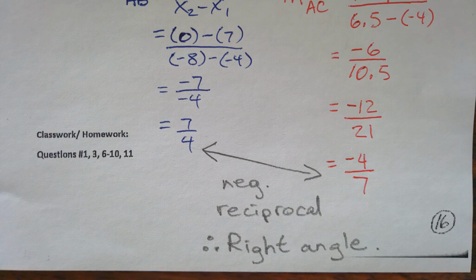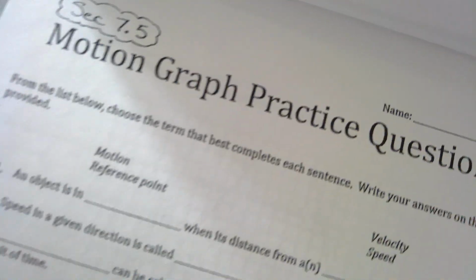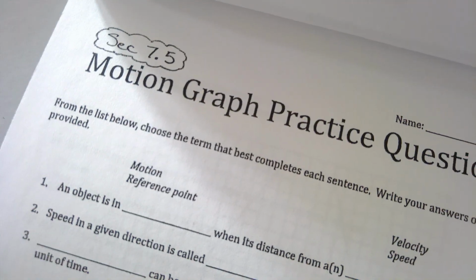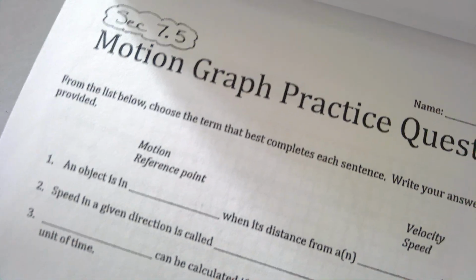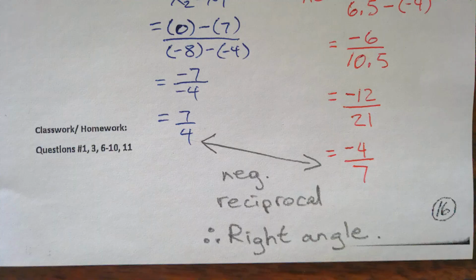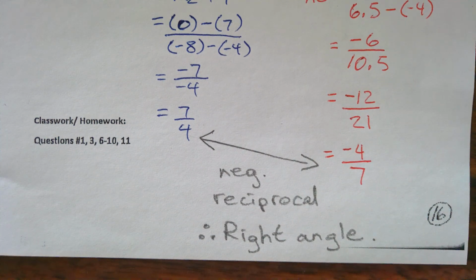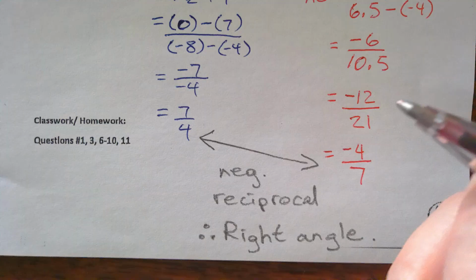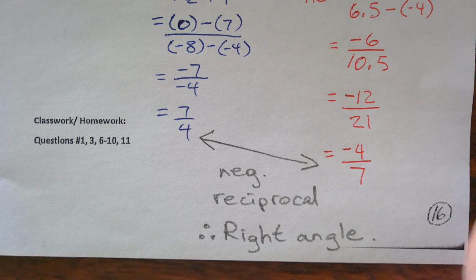Tomorrow, we're just going to do the short assignment, and then finish off with the last section, which is motion graphs. Motion graphs is pretty easy. It's analyzing graphs again. After your assignment, we'll finish off the chapter with that, and that's everything you need to know for lines. No more linear relations after that. So page 17 to 19.